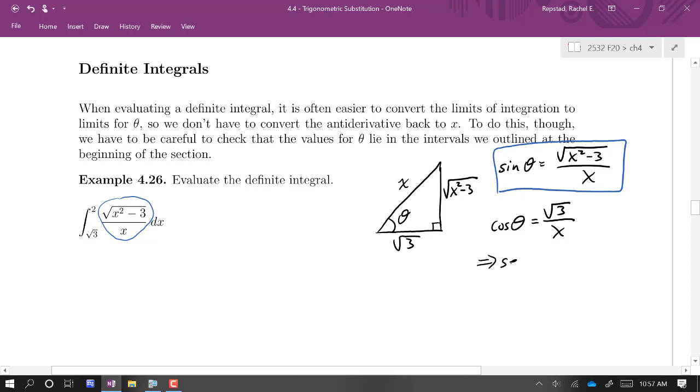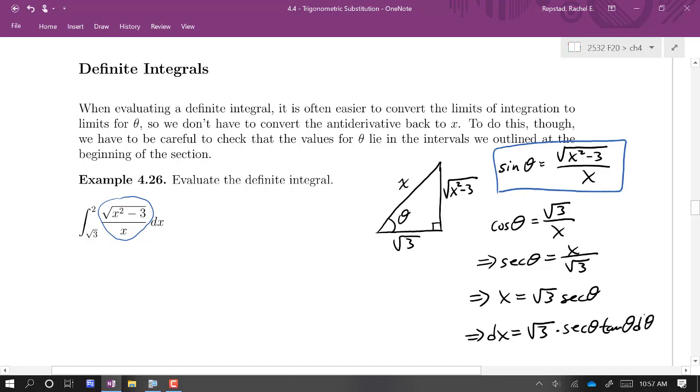And that means that secant theta is x over √3. And if we multiply both sides by √3, we get x is √3 times secant theta. And so dx is √3 times the derivative of secant, which is secant tan. So secant theta tan theta d theta. So there is our other substitution.